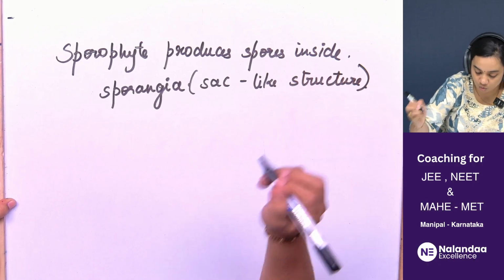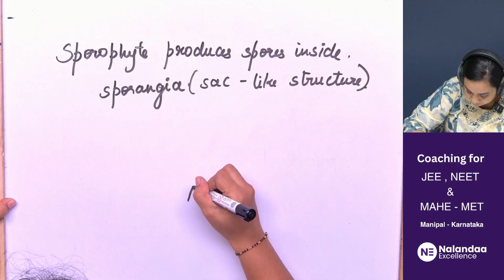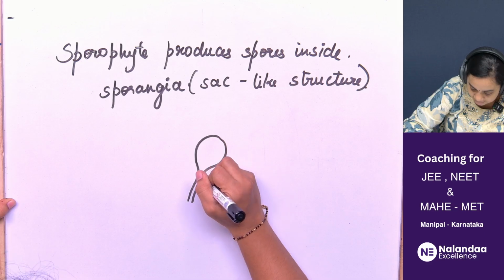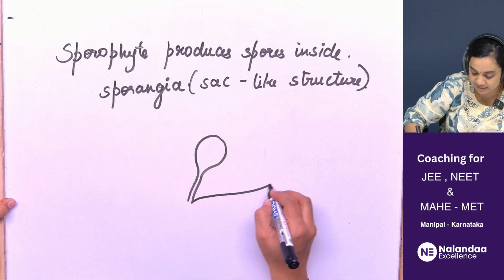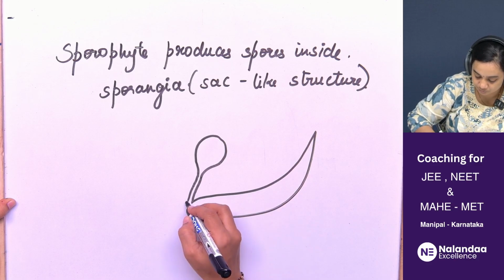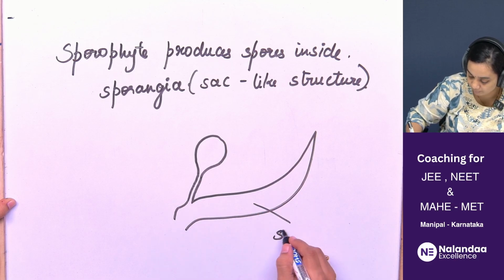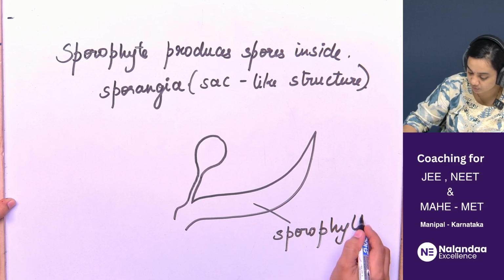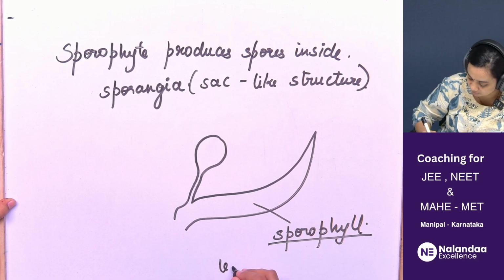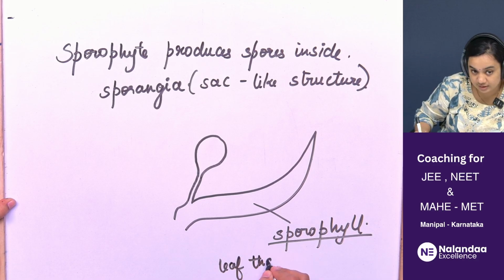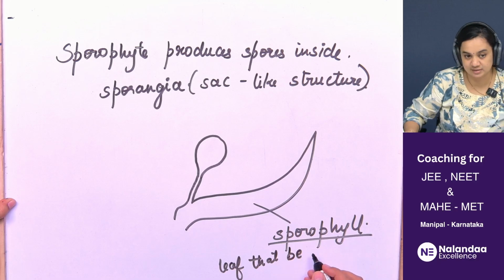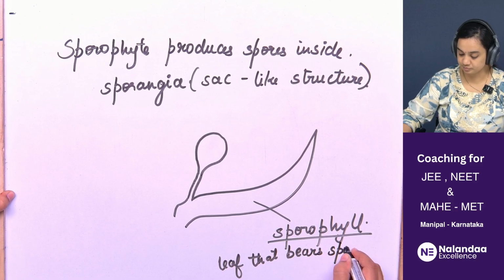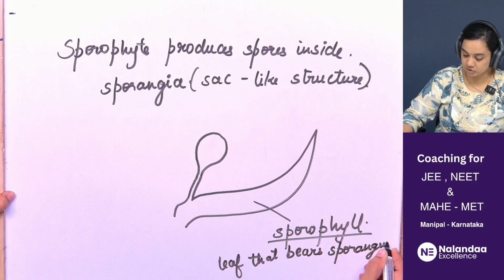Okay. So what happens is the sporangium looks like this, and it is subtended by a leaf-like appendage which is called the sporophyll. Sporophyll is the leaf that bears the sporangium.